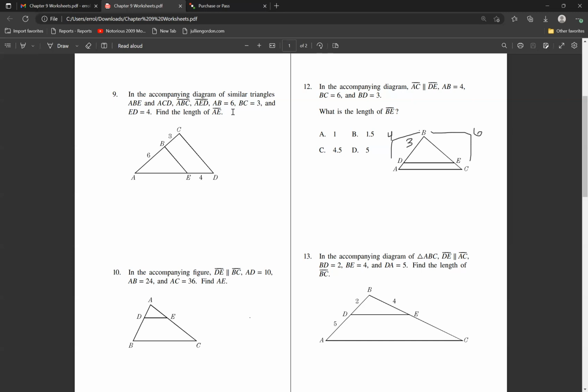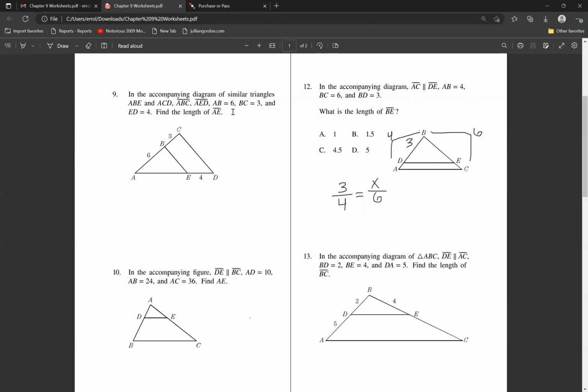Small triangle on top, big triangle on the bottom. 3 over... Good. Equals. What do they want us to find? They want us to find BE. There you go. Keep going. Now just cross multiply.